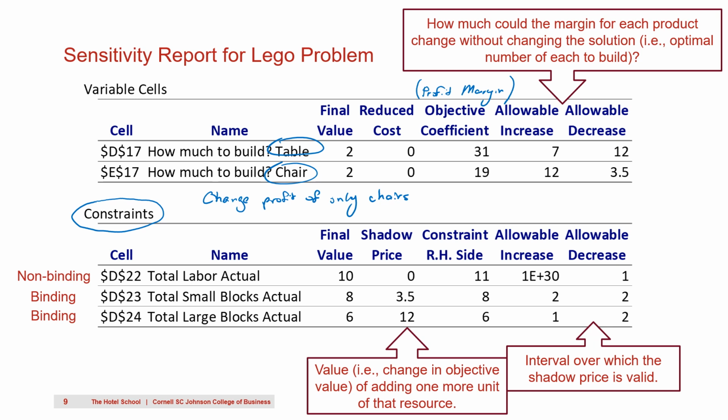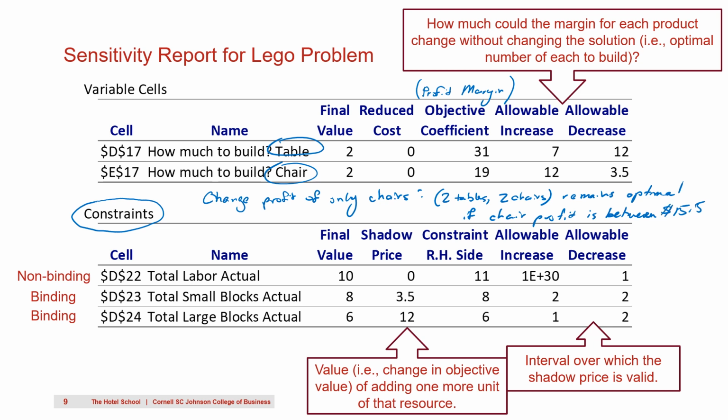What this is saying is that 2 tables, 2 chairs remains optimal if our profit per chair is between 19 minus 3.5, so that's $15.5, so it could go down by $3.50.